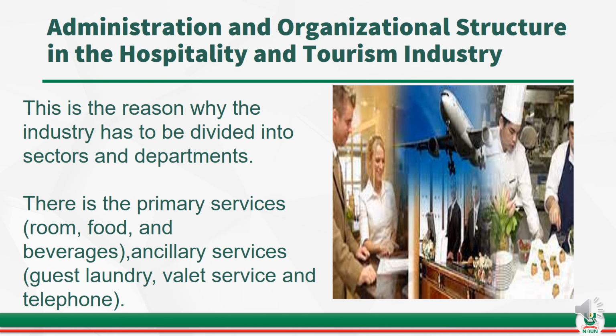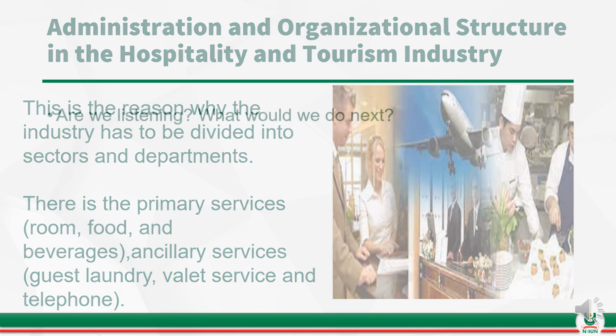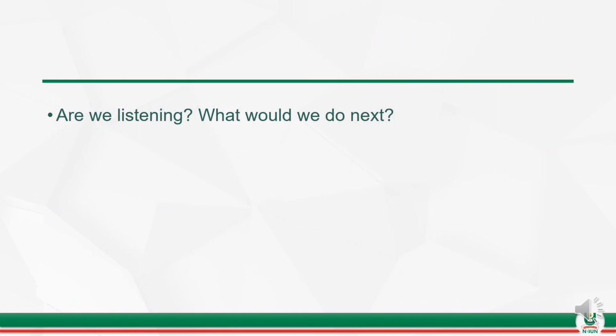We also have the support services, which include marketing and sales, property operation, maintenance and energy, general administration, and accounting. All these amount to the administration of the industry. So I hope we are listening.